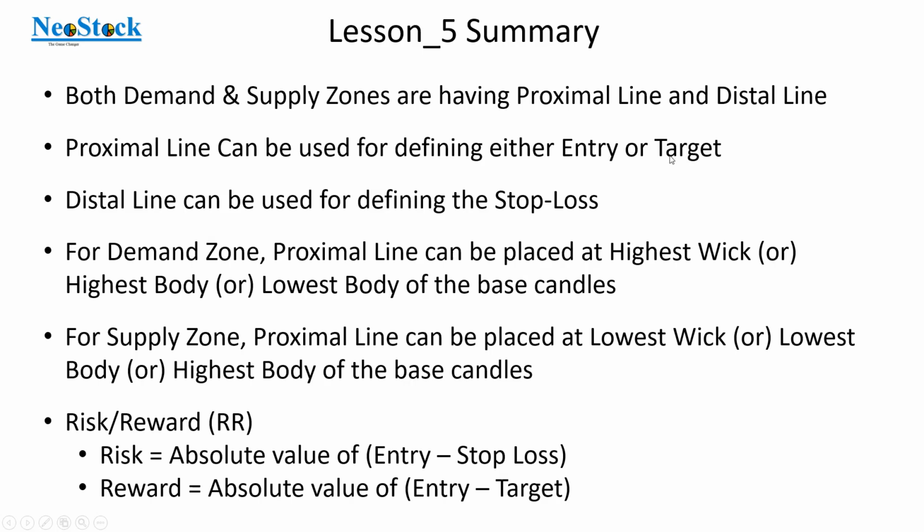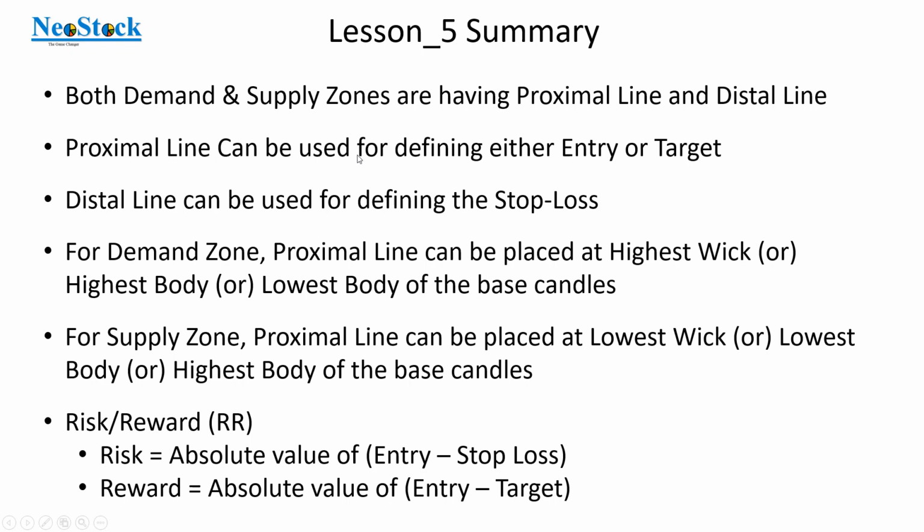The opposite side zone is the target, whichever we are planning the trade, that is the entry. If a demand zone is the entry, the supply zone proximal line is the target. Similarly, if a supply zone is your entry, then the demand zone proximal line is our target. That way you should understand.